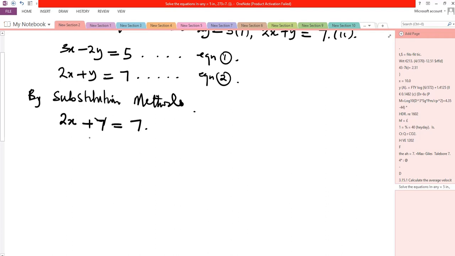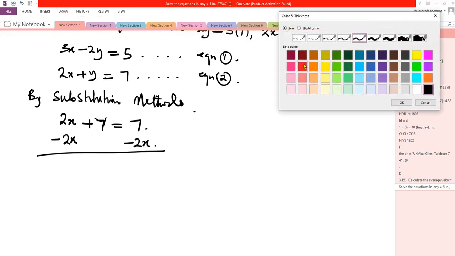How can we take it off? The only way to take it off is to say minus 2x. For the equality sign to still remain, what you do to the left hand side, you also do to the right hand side. So we also write minus 2x on this other side. If you minus this and this, it will go off.